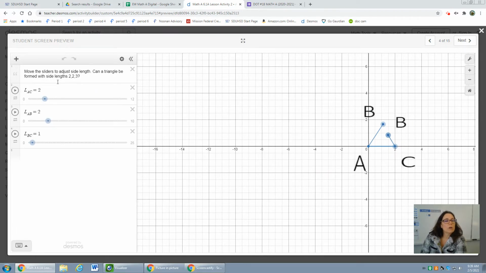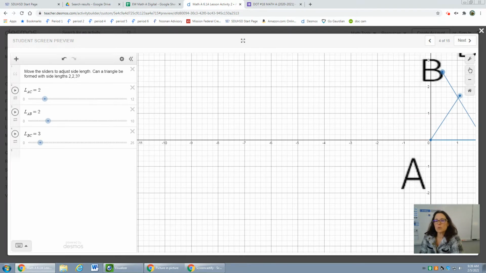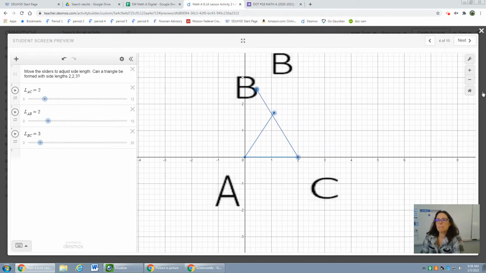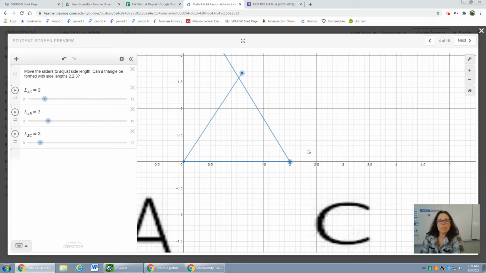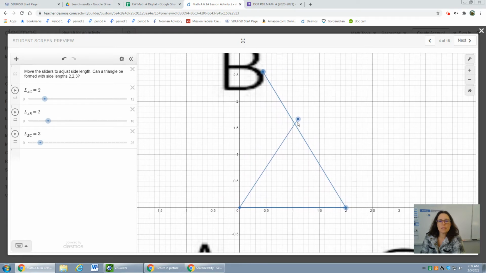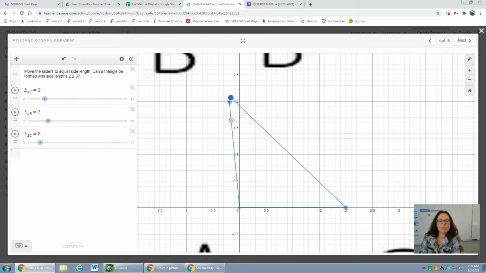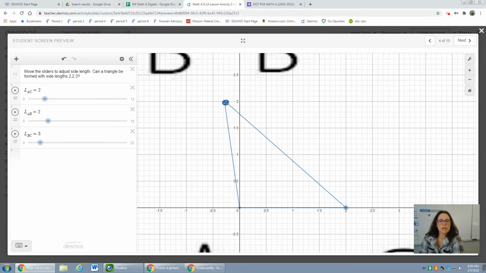Can a triangle be formed with side lengths 2, 2, 3? So I've got 2, 2, and I need to change this one to 3. Let me blow this up so we can really get in there. Are we able to enclose this triangle? If I play around with it a little bit, almost there.